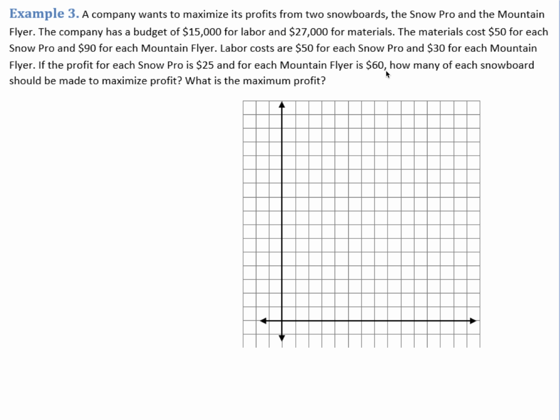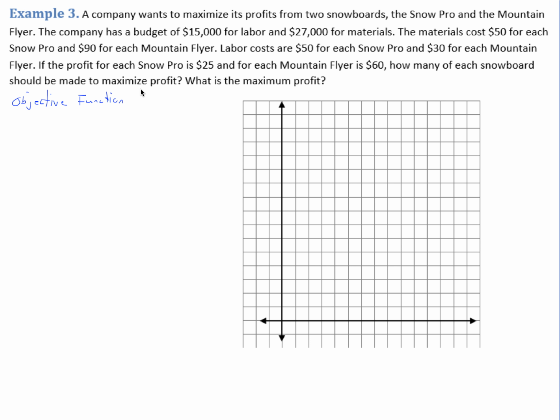So let's start with the first thing I mentioned here, which is to write an objective function to be maximized or minimized. So what are we trying to maximize? We can see that here in the last question. What is the maximum profit? So we want to come up with a profit equation that we want to maximize. And so we can first come up with our objective function, and that is a maximization function, or I should say a profit function in this situation.